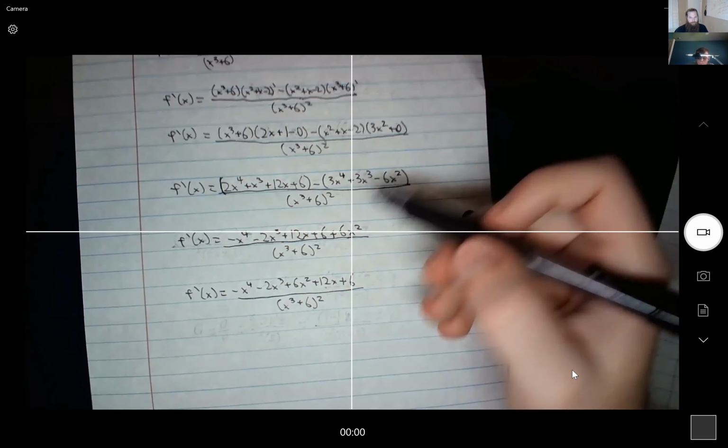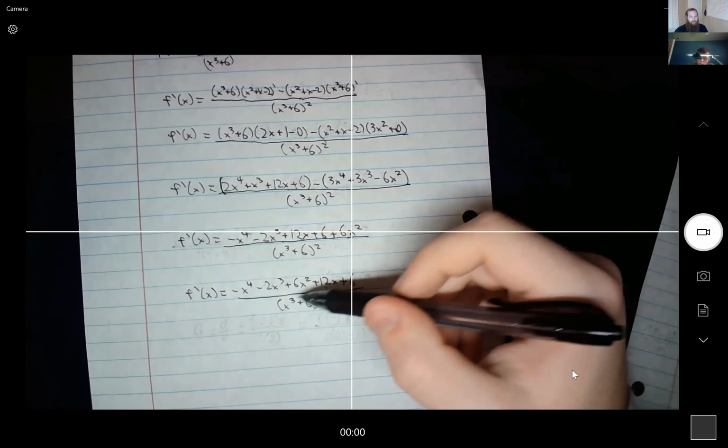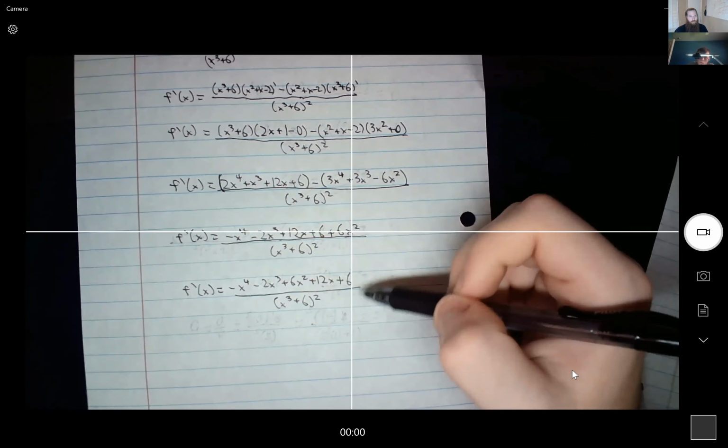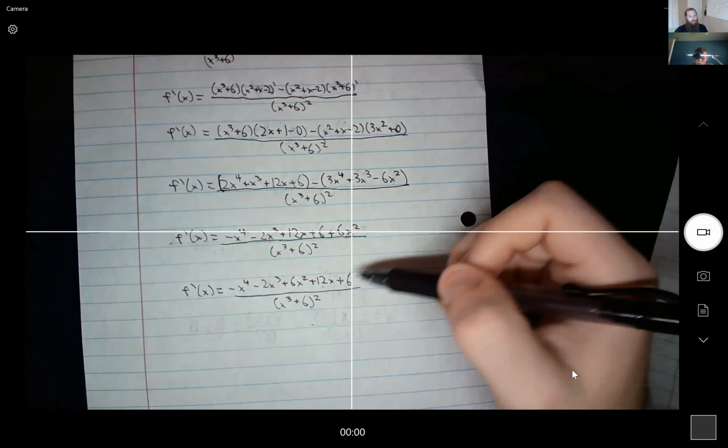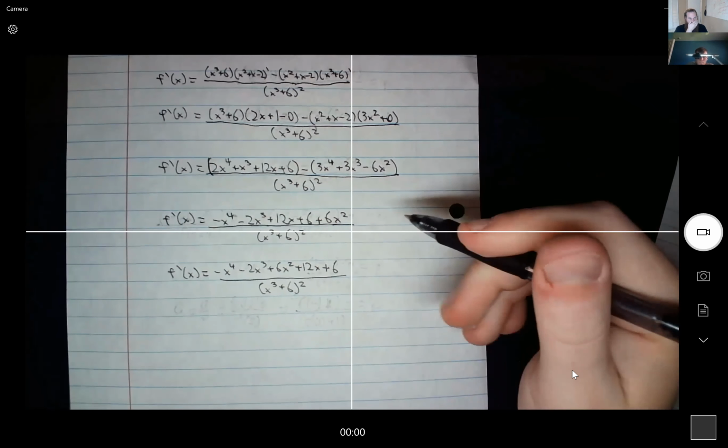And so there's nothing you can really do. Even if you factor this out, this is the most simplified it's going to get. So are there any questions about how I got this?